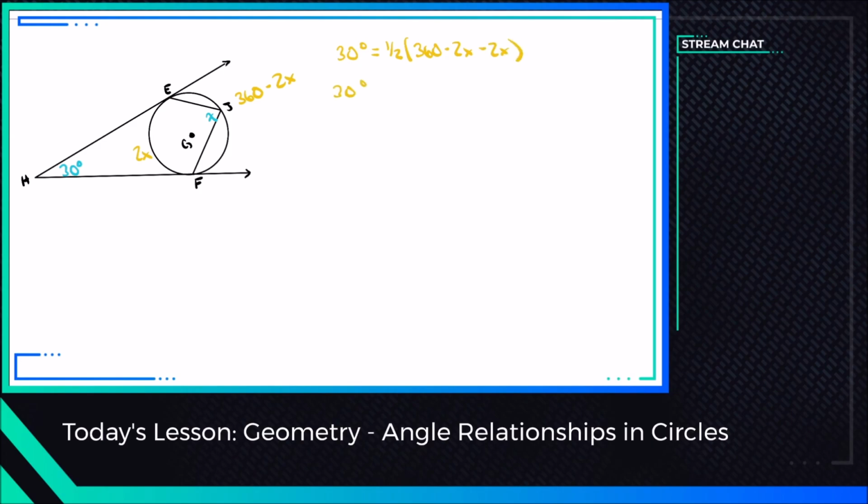I'm going to distribute that 1/2 through there. So that's going to be 30 degrees is equal to 180 minus 2x. We're going to go ahead and subtract 180 from both sides to get a negative 150 is equal to a negative 2x, or x is equal to 75 degrees.